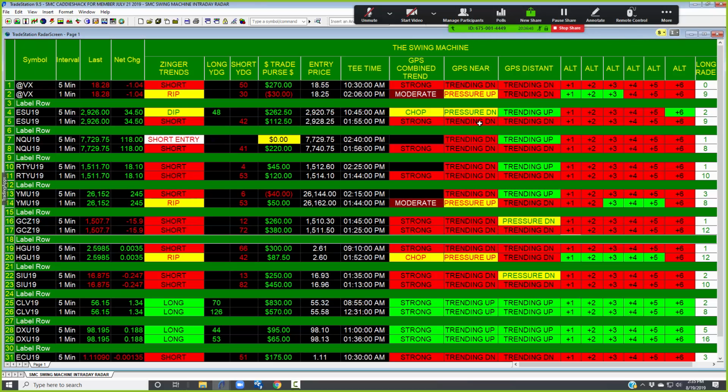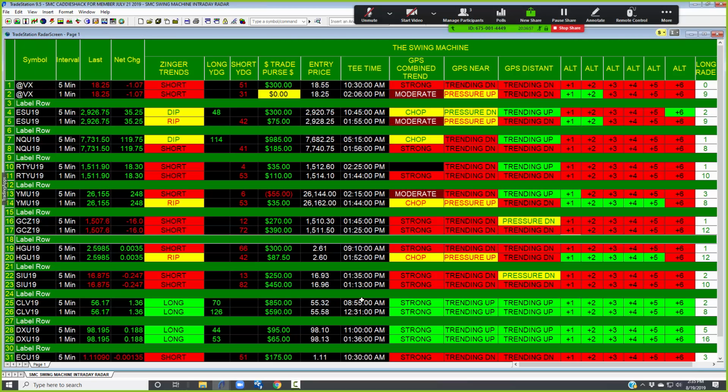Please understand that the swing machine is running on the TradeStation platform called Radar. The software behind the swing machine is our own proprietary written code, utilizing the TradeStation computer language called Easy Language.